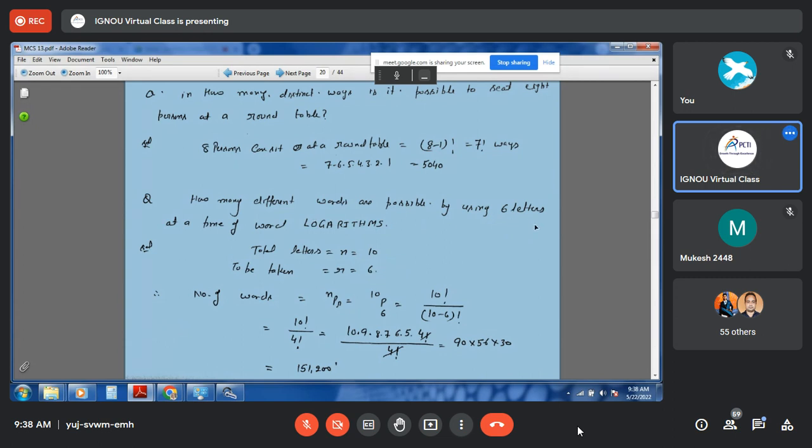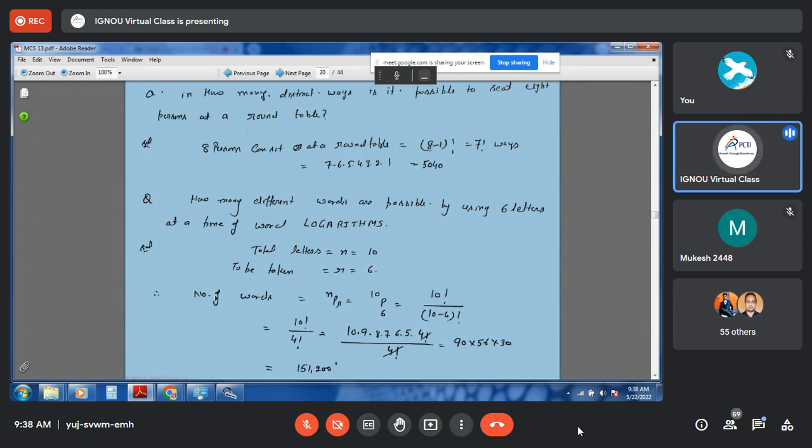If it was written all the letters, again we would have used the same formula as in the case of DISTINCT. But in this case, the total number of objects is 10 and we have to arrange 6 from them. Simple numerical.